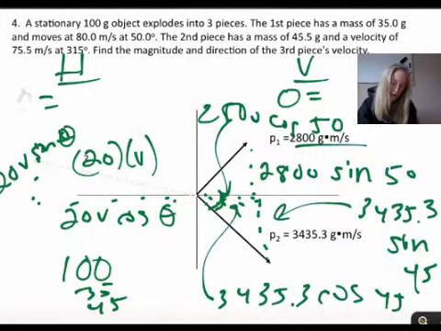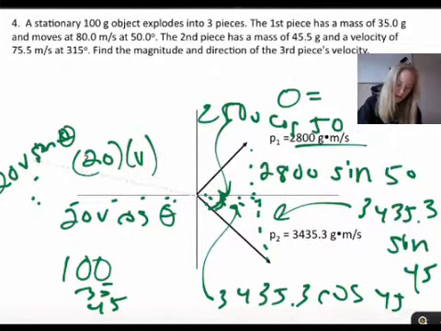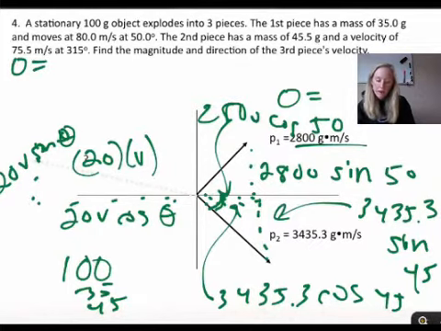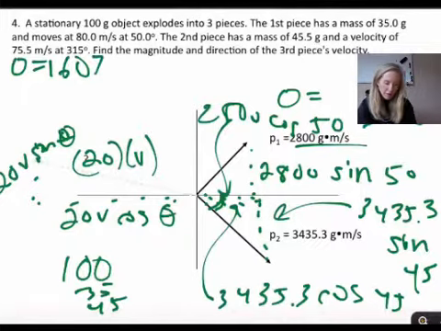So, in the horizontal direction, we have 0 equals, and then we're going to add up any of the horizontal ones. So, we have cosine of 50 is 0.64 times 2500. So this component is 1607.